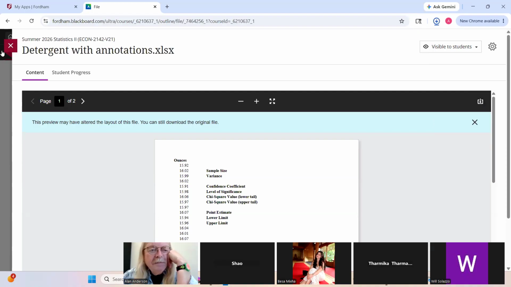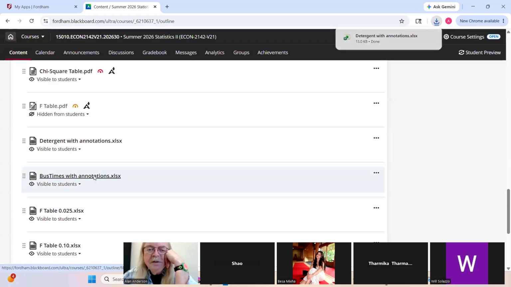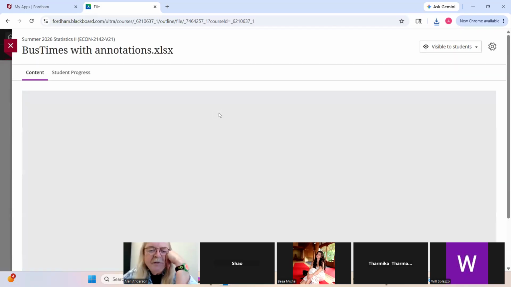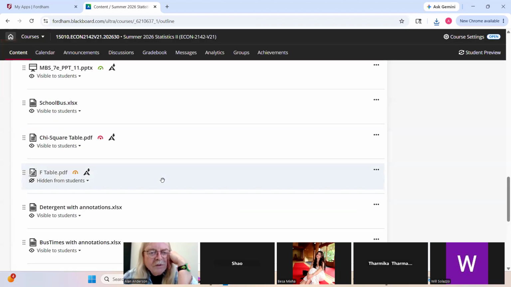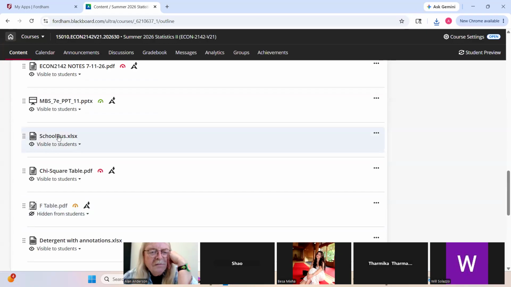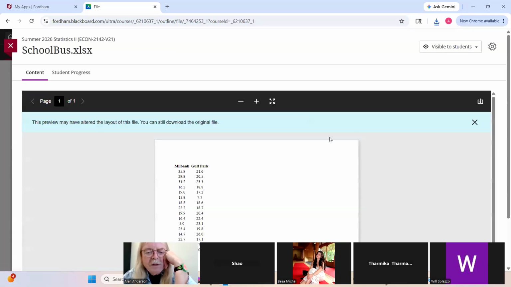Then we'll have bus times with annotation. I put that word in there because I had to type in all the titles. It didn't come like this from the publisher. And then we had one more, which was school bus. This is the one where we're comparing the buses from the two different cities.